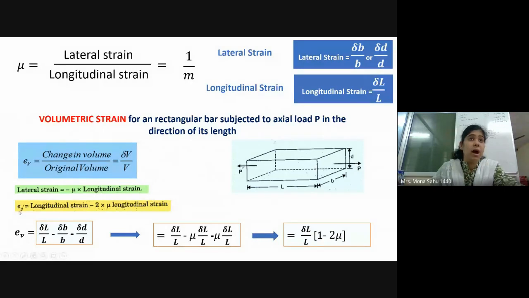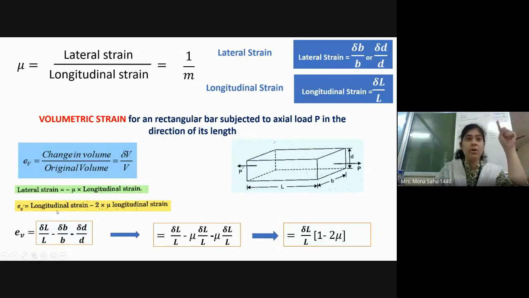Ev, how do you calculate the volumetric strain? You have to include the strain in all three directions. So what will happen? Length will increase. There is only one load, in one direction. So length is going to increase, B will decrease, and D also will decrease.